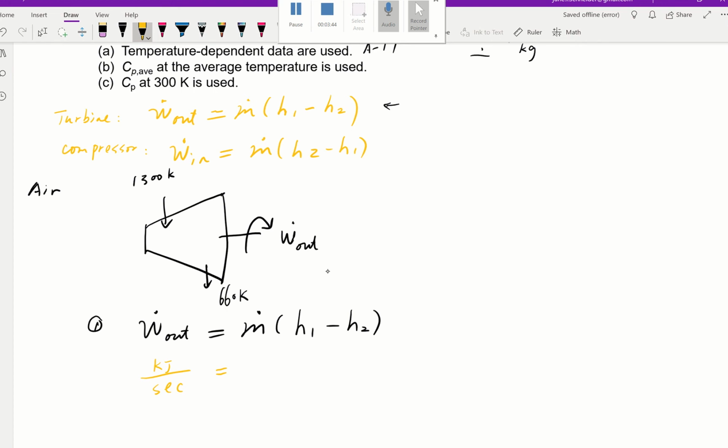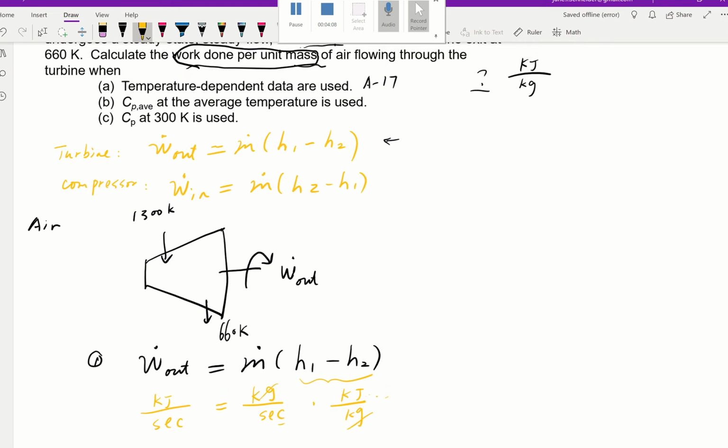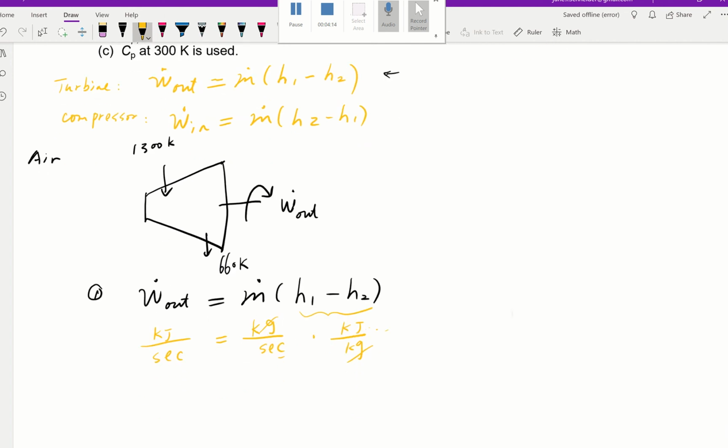Mass flow rate has units of kilograms per second. H1 and H2 have units of kilojoules per kilogram. Multiplying together, kilogram cancels, and you indeed get kilojoules per second on both sides of the equation. But we are asked to find work per unit mass, which means kilojoules per kilogram.